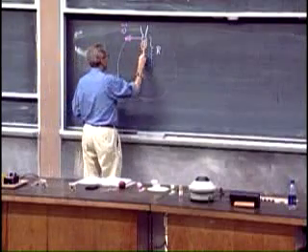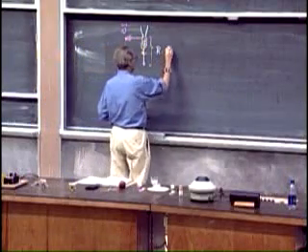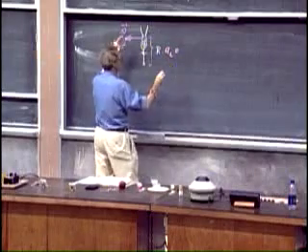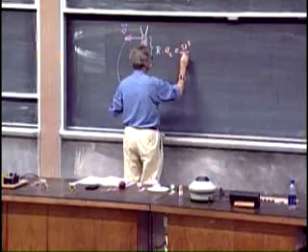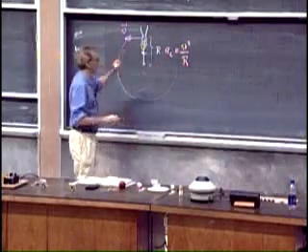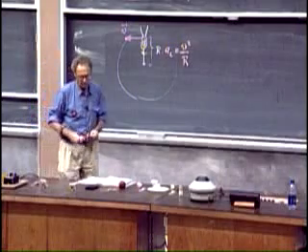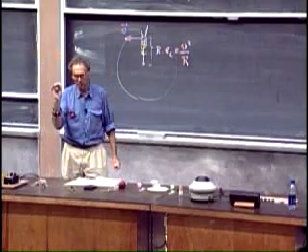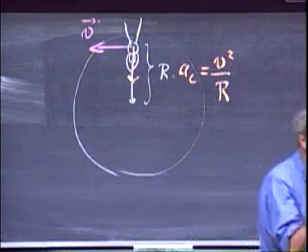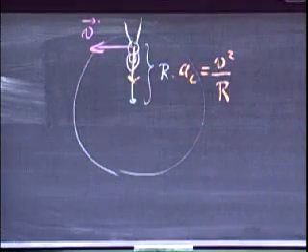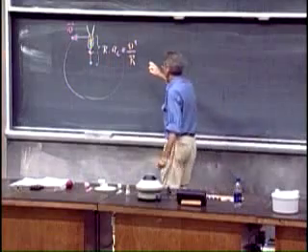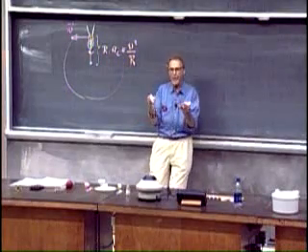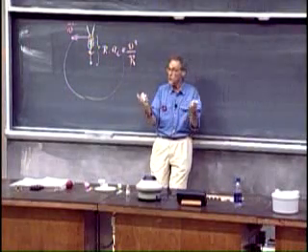So you need a centripetal acceleration, A_c, which is v squared divided by r, if you like that. This is the magnitude of that v. Now follow me very closely. Just imagine that this number happens to be exactly 9.8. I can always do that.